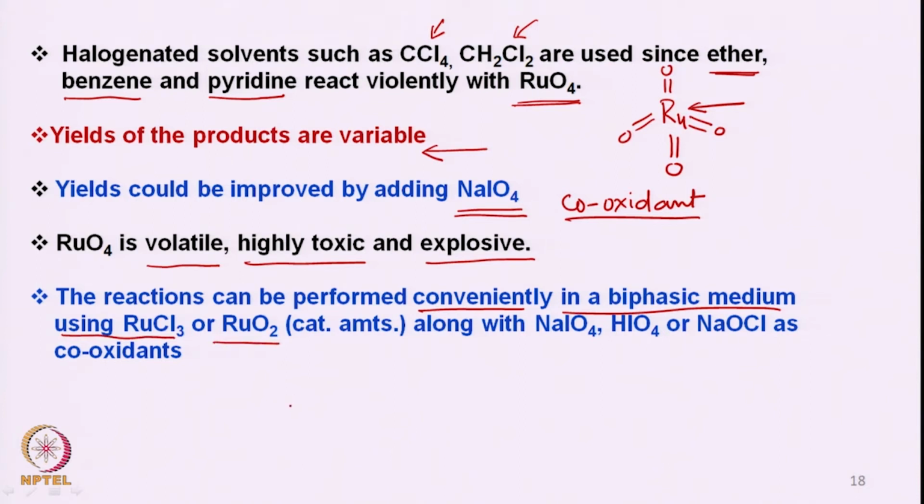Since ruthenium tetroxide is an expensive reagent, people have tried to use other ruthenium sources such as ruthenium trichloride or ruthenium dioxide in catalytic amounts along with co-oxidants such as sodium metaperiodate, periodic acid or sodium hypochlorite.